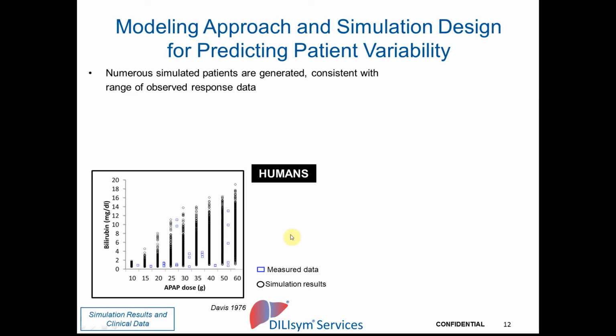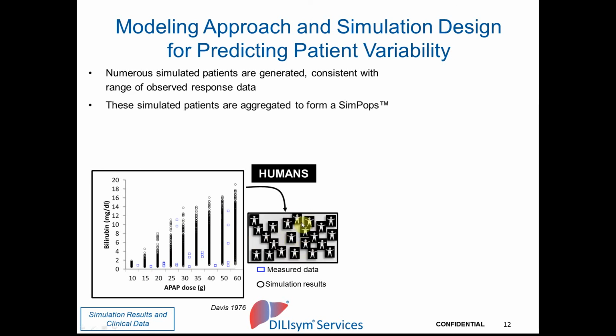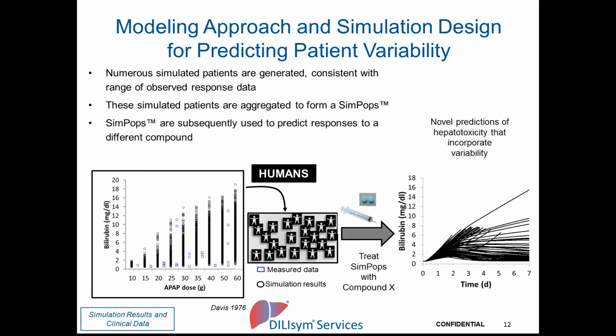Once we have some confidence that we have aggregated a SimPops with viable simulated patients, we are able to use that SimPops to make predictions with new chemical entities, what we're calling compound X, and look at biomarkers, look at mechanistic underpinnings and the like.